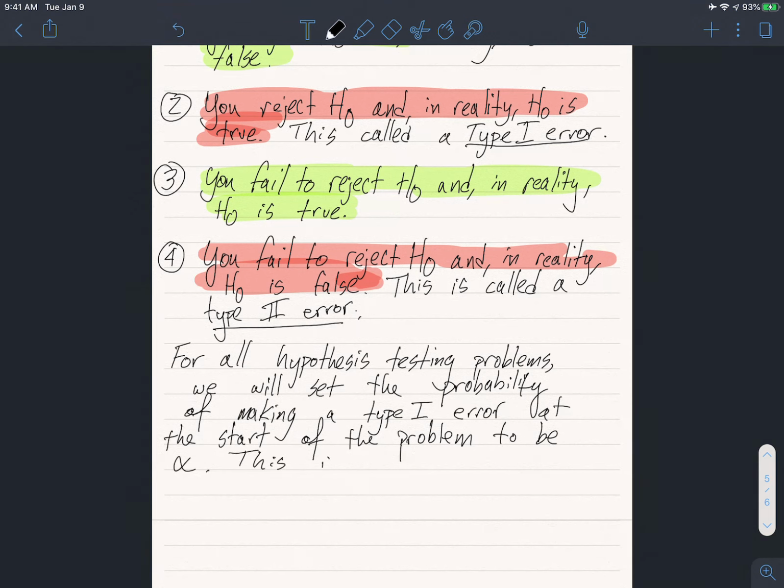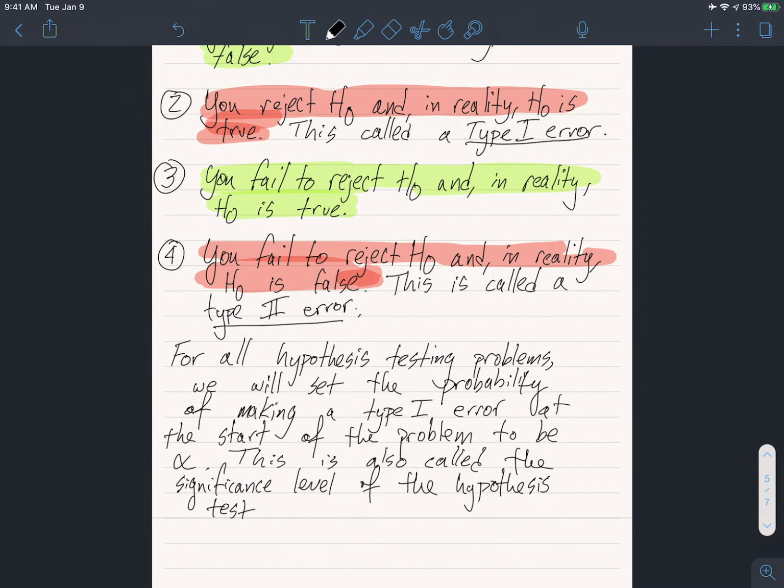This is also called the significance level of the hypothesis test. You've seen this before, this alpha. You've heard this phrase before, significance level, when we did confidence intervals.